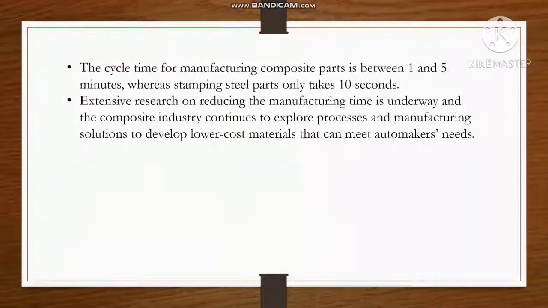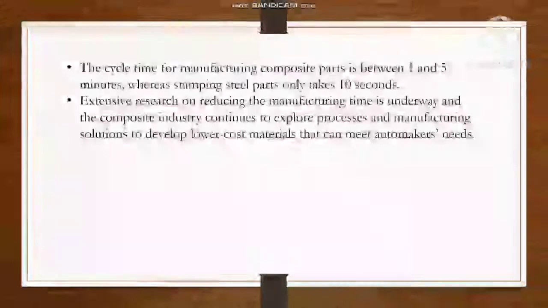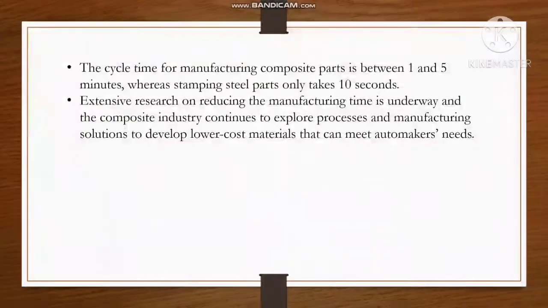Manufacturing composite parts takes between 1 and 5 minutes, whereas stamping steel parts only takes 10 seconds. Reducing the manufacturing time is underway, and the composite industry continues to explore process and manufacturing solutions to develop lower cost materials that can meet automakers' needs.